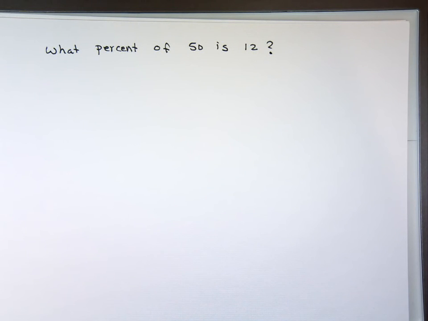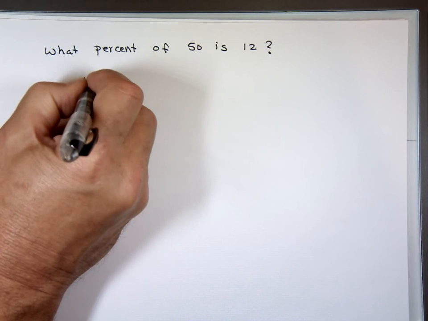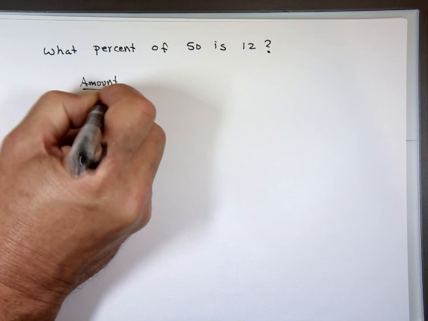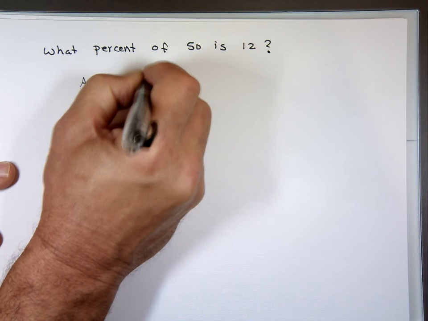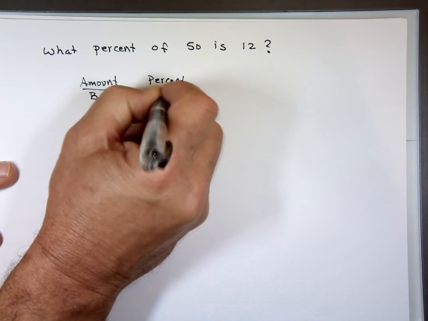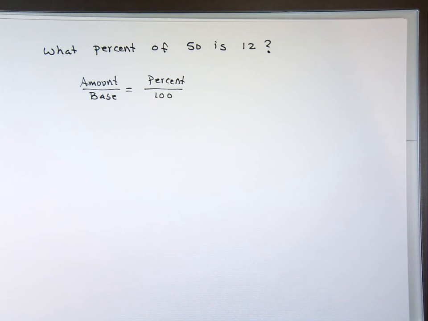Amount, let's write that equation. The amount to the base is what? Percent to 100. Do we know the percent? Unknown. So that's the unknown.